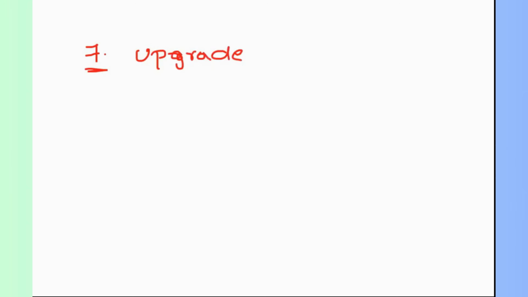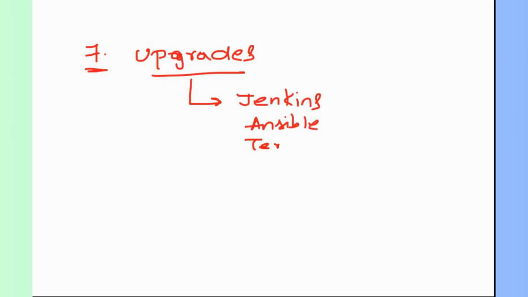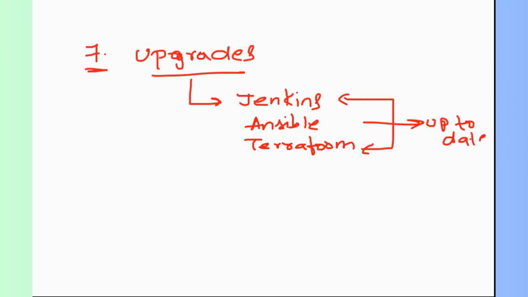This is valid not just for Kubernetes. This is valid for your Jenkins, for your Ansible, for Terraform, for any tool that you are using. What you need to do as DevOps engineers is ensure that the tools you are using are up to date. Why do they have to be up to date? Because if someone finds vulnerabilities in these tools, they usually patch them and fix them in the latest versions.